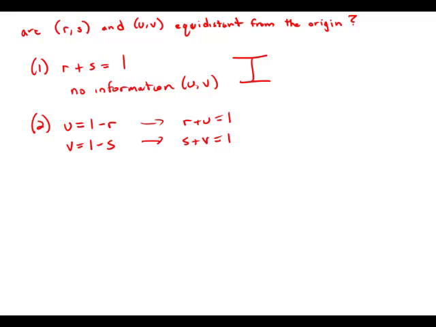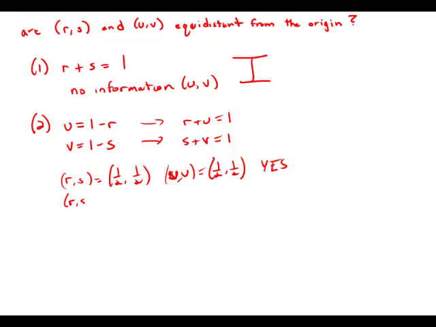I notice that if RS is the point 1/2, 1/2, then that would necessarily mean that UV is also the point 1/2, 1/2, and of course those would be the same points, so they would be equidistant from the origin, so the answer would be yes.